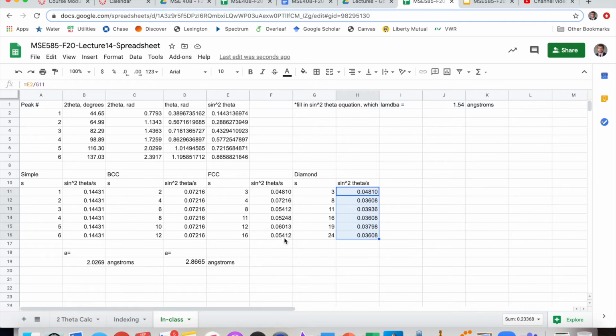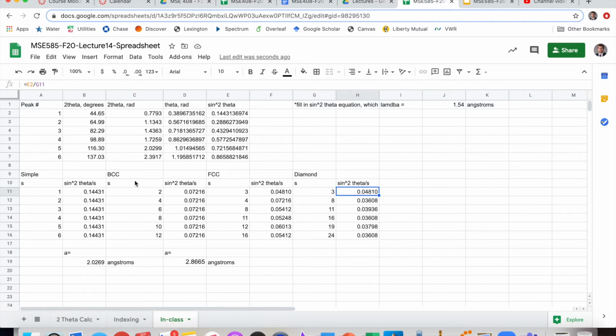Whereas if you look at the values for FCC, you see that these vary quite a bit. And the same thing for diamond, they vary, particularly the first peak compared to the others is quite a bit different. So what this tells us is that this structure is either simple or body-centered cubic.